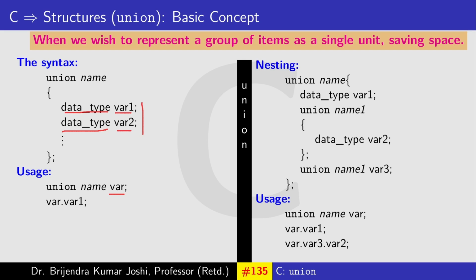If we have assigned a value to the integer data type, it will behave as an integer. So the total amount of space occupied by a variable of type union would be the size of the biggest data type which is a member of this union. That is the difference between a union and a structure.